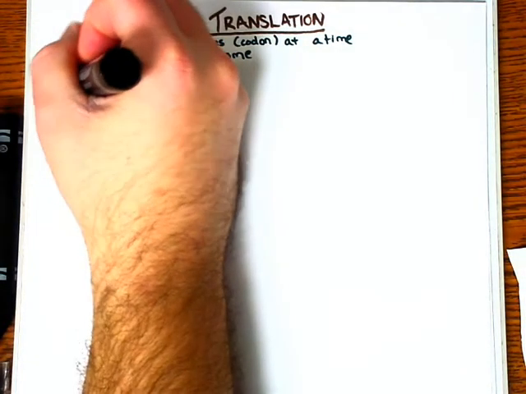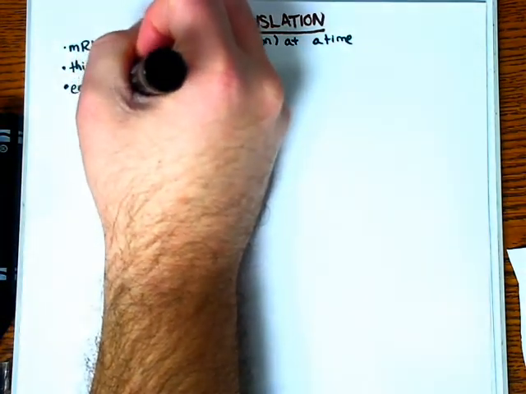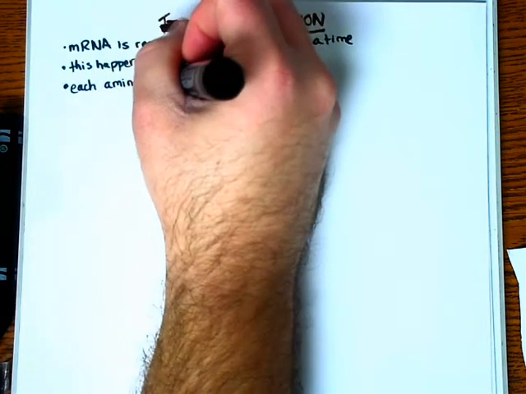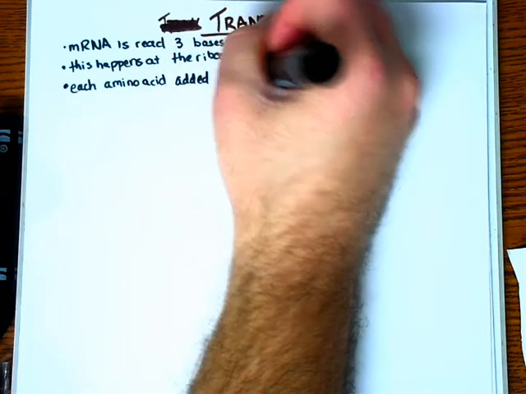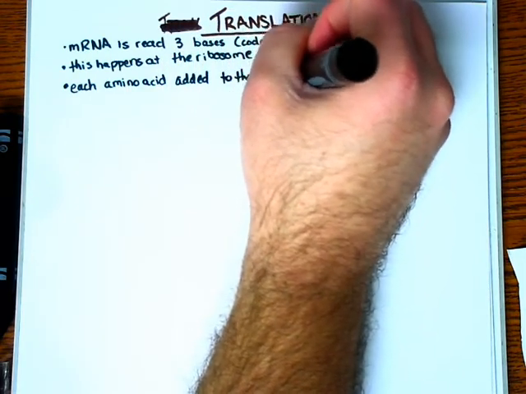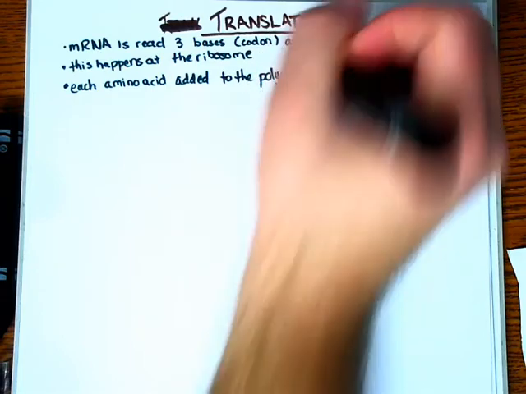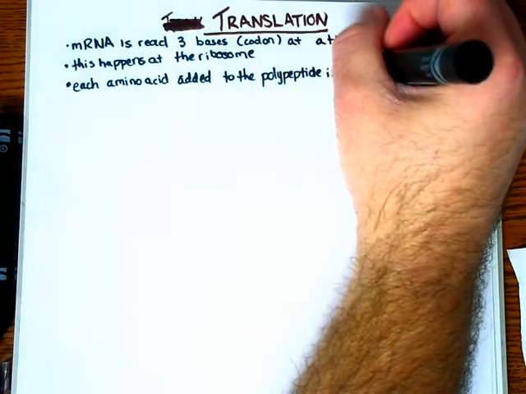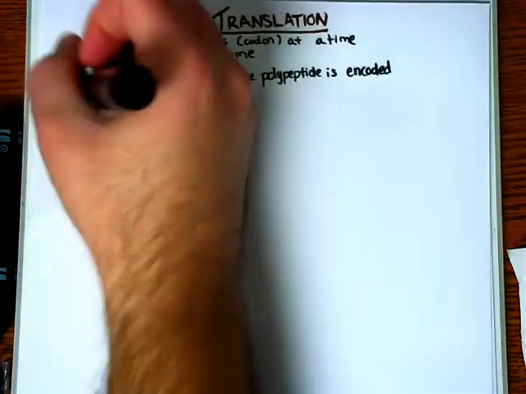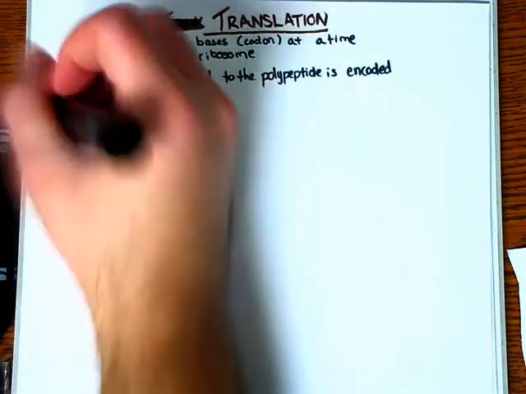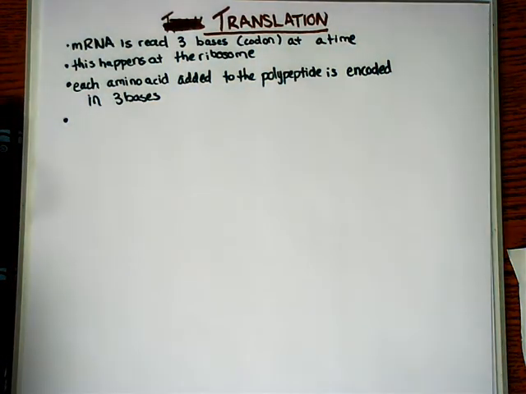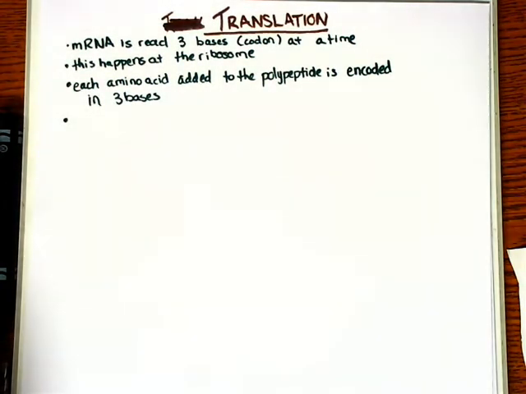Okay, so each amino acid added to the growing chain, or added to the growing peptide, is encoded in 3 bases. So this means that we need to discuss a mechanism of how we're able to get those amino acids to this point.